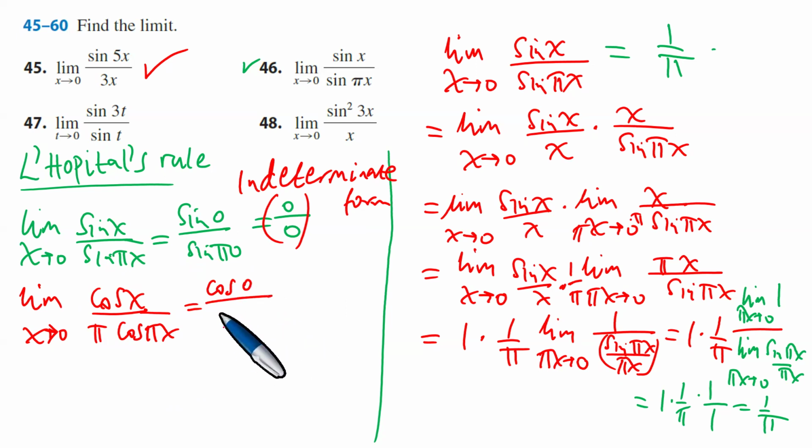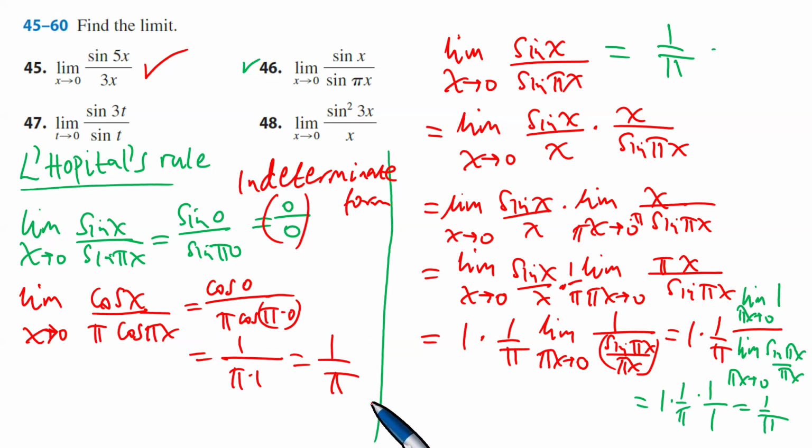We have cosine 0 divided by pi cosine pi times 0. What is cosine 0? It is 1, and this one is also 1. So it's pi times 1, and therefore the answer is 1 over pi. We got 1 over pi before, and we're getting 1 over pi now. So indeed, the answer 1 over pi holds true.